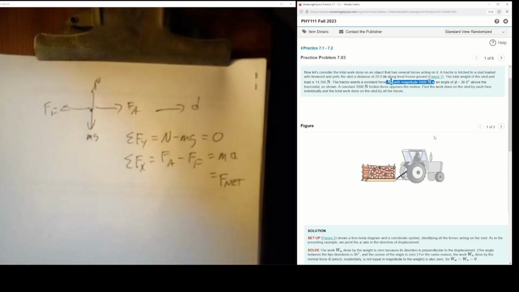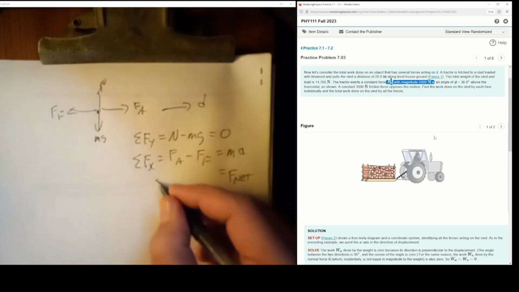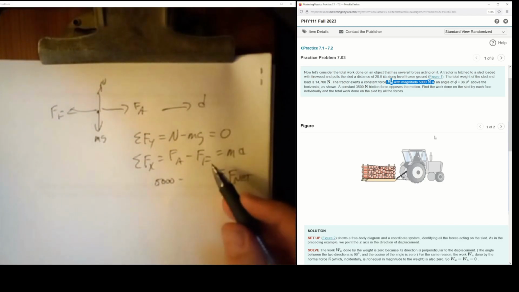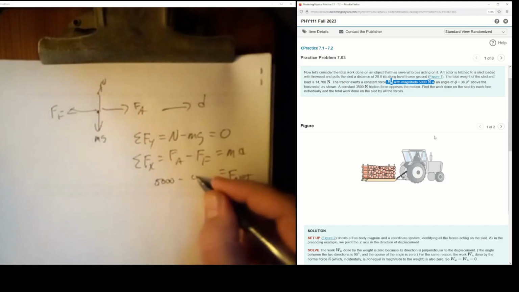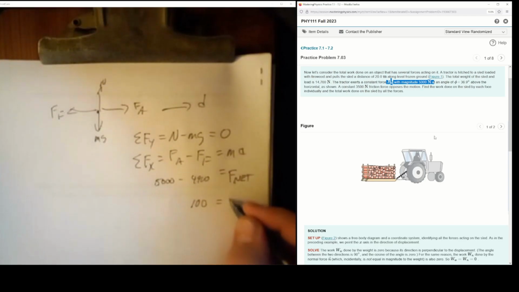So we can use the net force to also get the total work done. So if we look at the net force, it's going to be the force applied, 5,000, minus the force of friction, which they're telling us is 4,900. So the net force is 100 newtons.